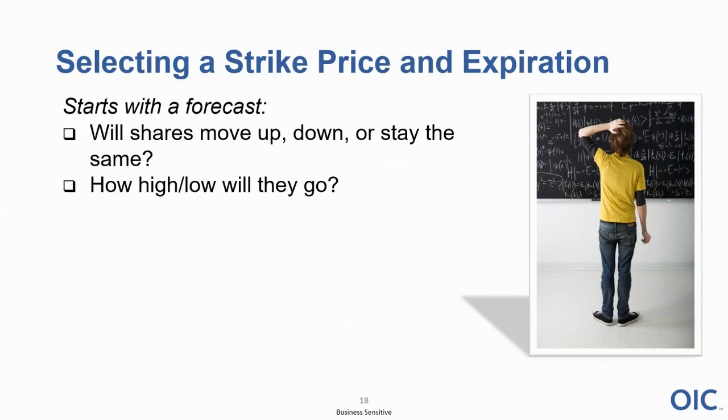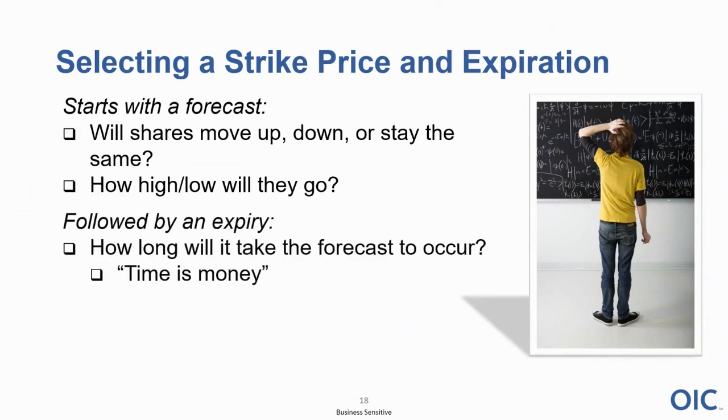So when we're talking about a strike price, that forecast that we initially incorporate needs to include where the stock is going to go in terms of up, down, or stay the same, and how high or how low it's going to go.